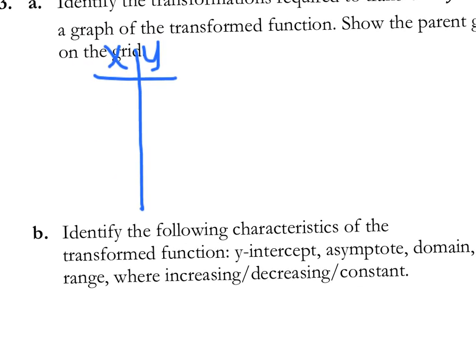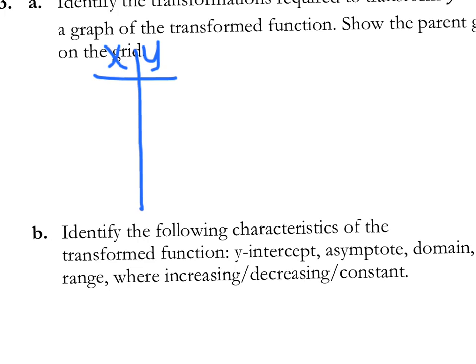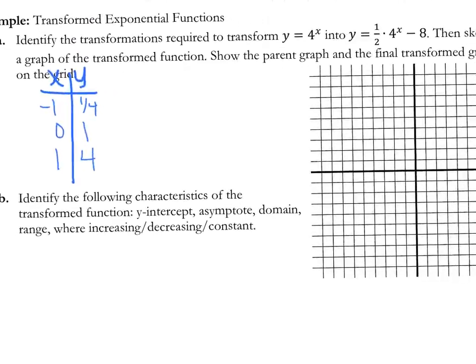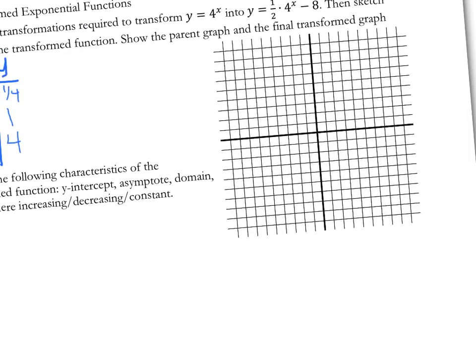Some of the easier ones to use would be, you could plug in 0, and you would get out 1. You could also plug in x equals 1, and you'd get out 4. And then I would always suggest doing a negative. So if you plug in -1, you'll get out 1/4. And so this gives us a few nice points that are on our parent function.